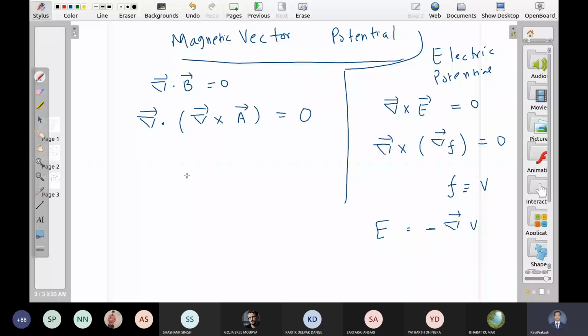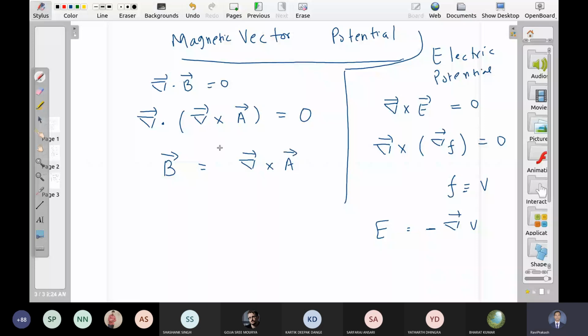So if we compare these two, we can write a magnetic field as curl of some other vector. Okay. So it is in the same line as the electric field, but yes.